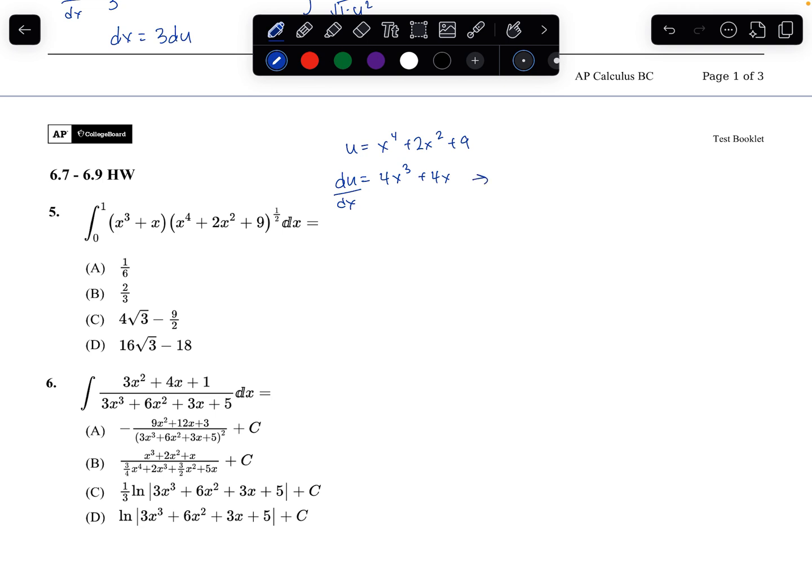I could say that du dx is equal to 4x to the 3rd plus 4x, and that's exactly what this product is. So I think I can cancel this out with that right there. Let's solve for dx. dx would then be equal to du over 4x to the 3rd plus 4x. And let's make appropriate substitutions. So we're going to do the integral.